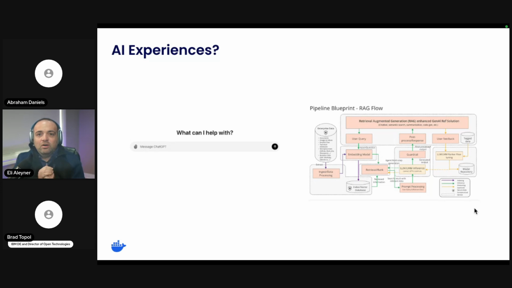What you're seeing on the right is a reference architecture blueprint for a RAG flow, which has a number of boxes and components in it. And it's actually not that easy to put together. We're still in the early ages, but what we're clearly seeing already is that those experiences that, when looked at from the outside, look magical and contain a model inside of them are actually composed of a lot of complexity, right?